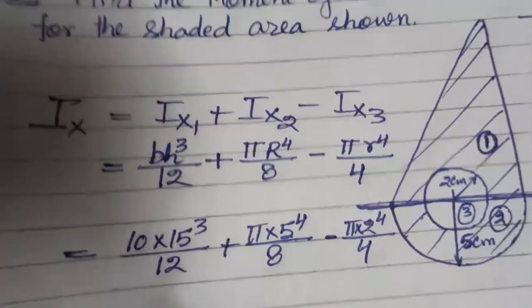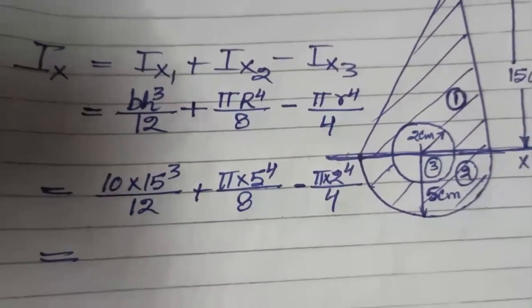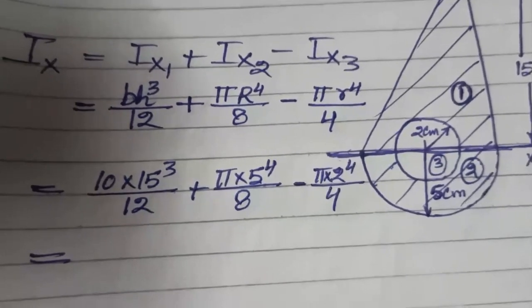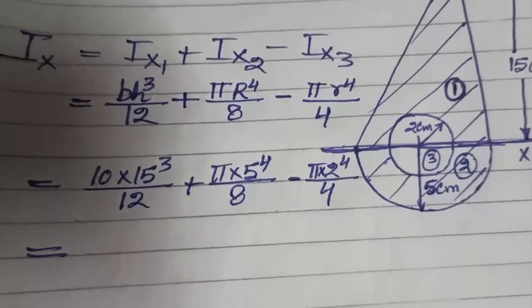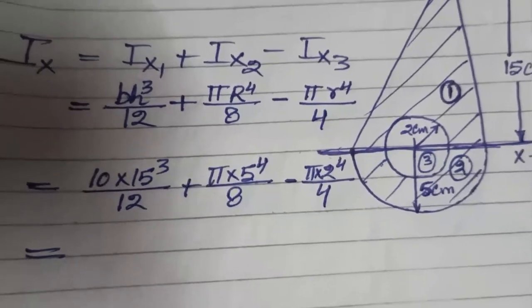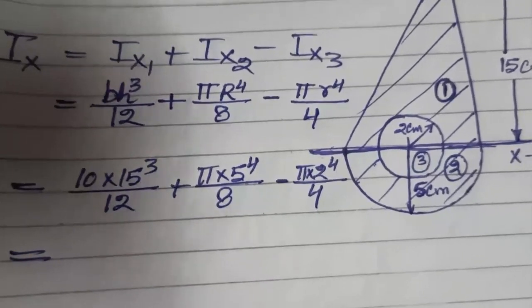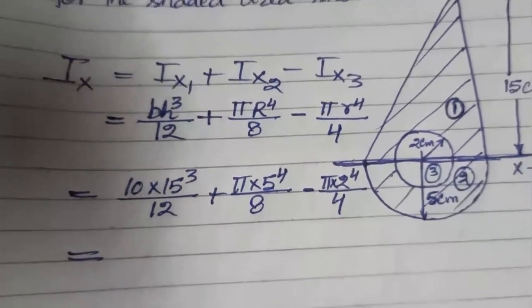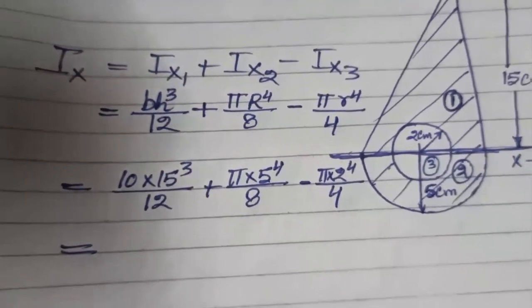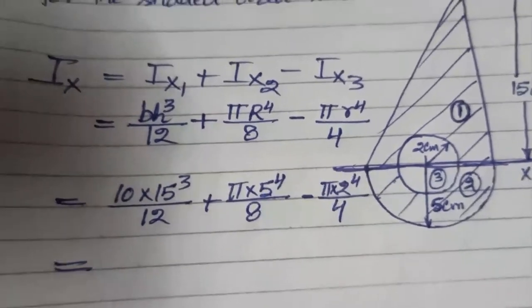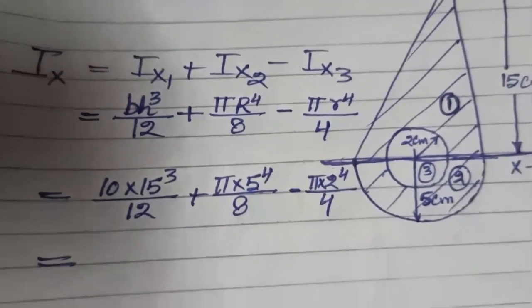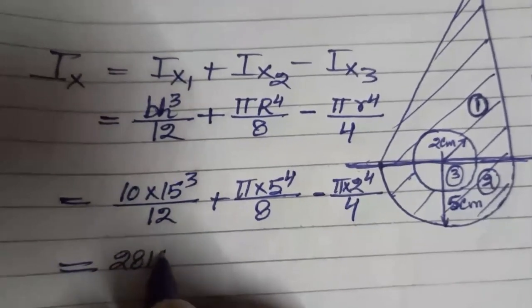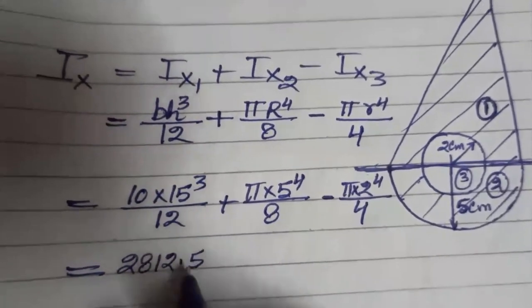Now on solving, 10 into 15 cubed divided by 12 is equal to 2812.5.